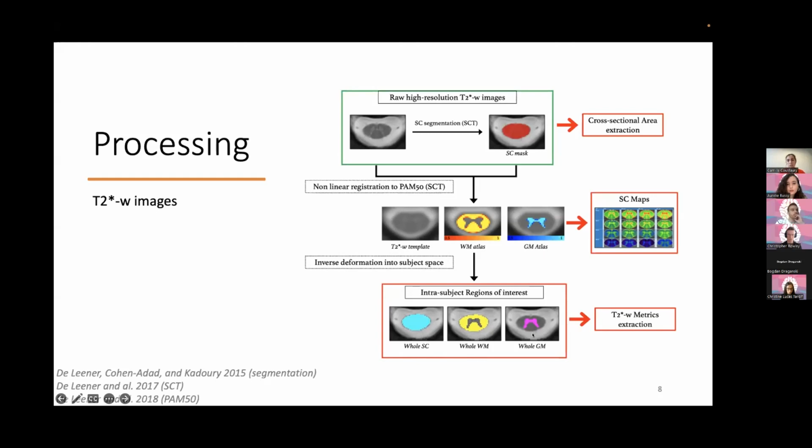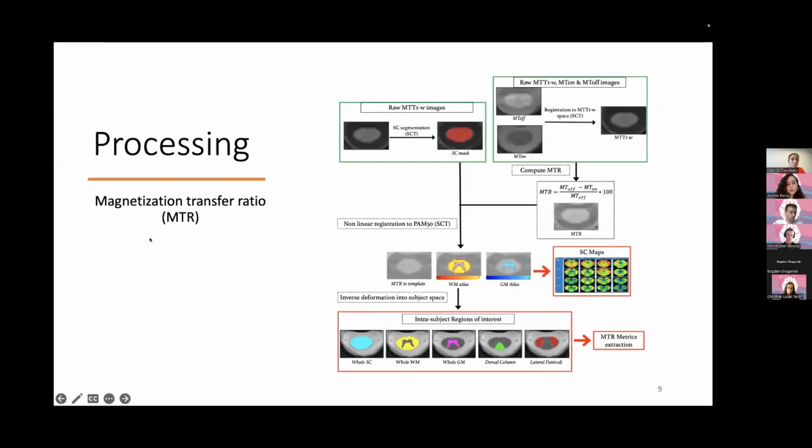Thanks to these regions of interest, we could then extract metrics, so get the mean value of intensity for a given region of interest at a given vertebral level. Our three regions of interest in the T2 star-weighted images were the whole spinal cord, the whole white matter, and the whole gray matter. Now for magnetization transfer ratio, it's almost the same processing steps.